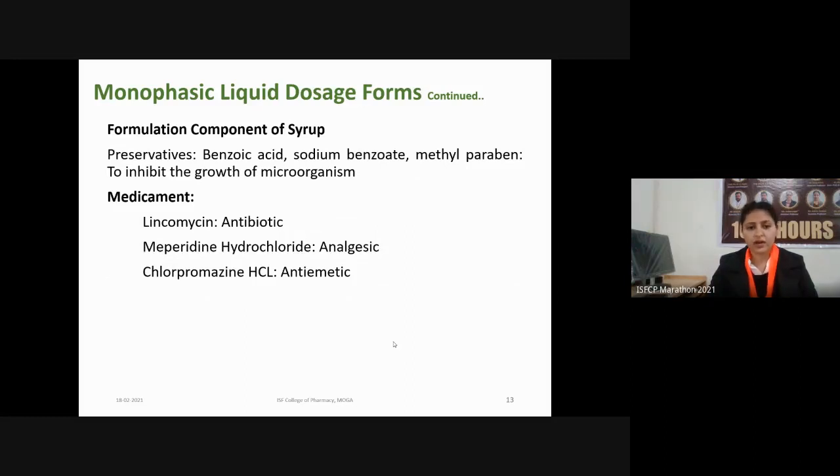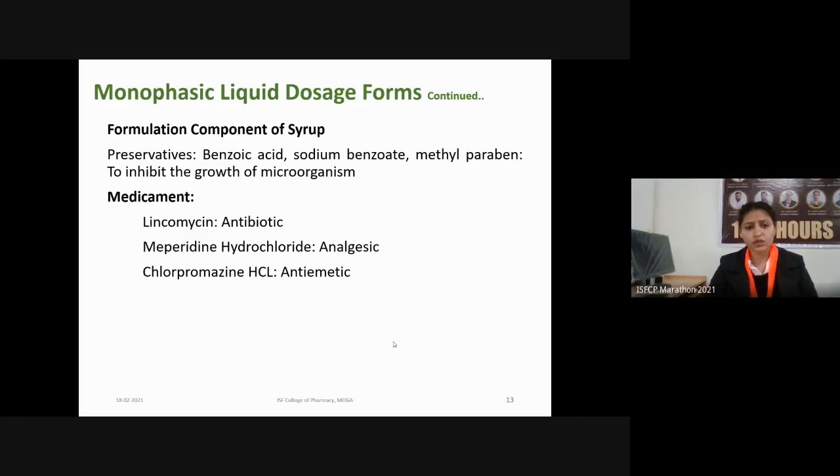But still, because of environmental conditions, whenever there is a change in the concentration, the osmotic pressure that is maintained because of that concentration will not be there, and there are chances that microorganisms can grow.